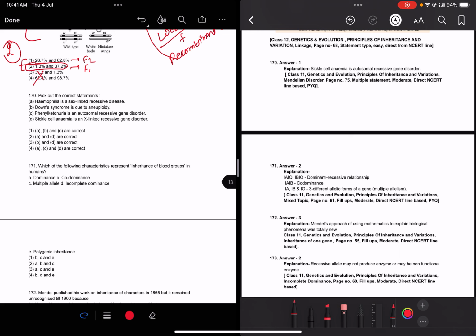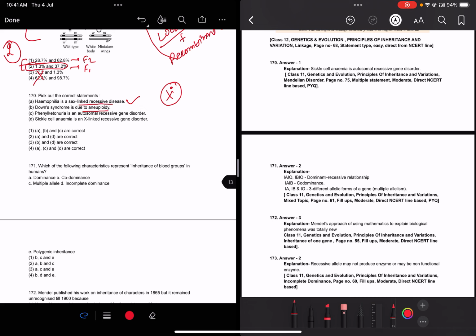Pick out the correct statement. Hemophilia is a sex-linked recessive disease, an X-linked recessive disease. The gene of hemophilia is present on the X chromosome. Down syndrome is due to aneuploidy.